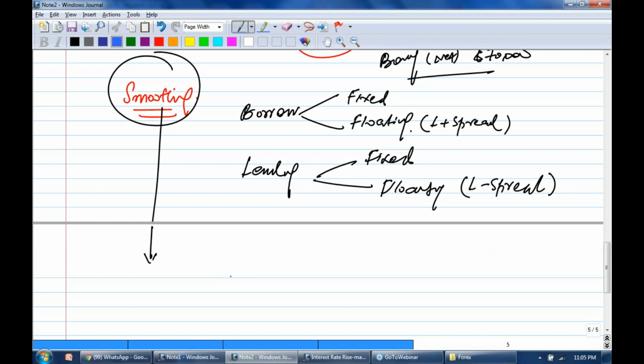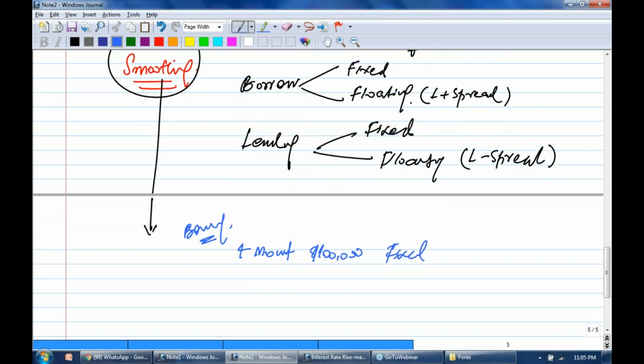Smoothing. For example, borrowing for 4 months, $100,000 borrowing, fixed, and for 4 months, $60,000, both borrowings, floating.